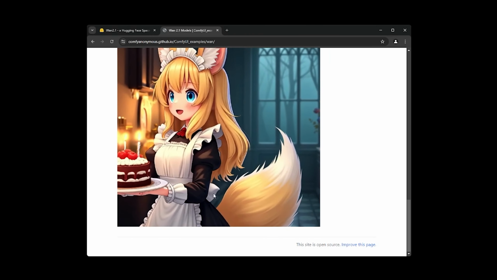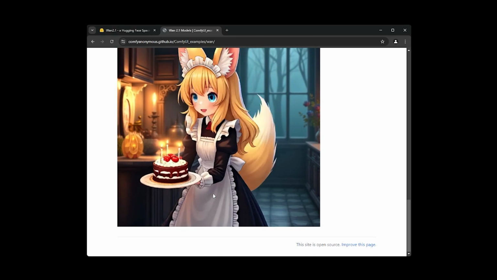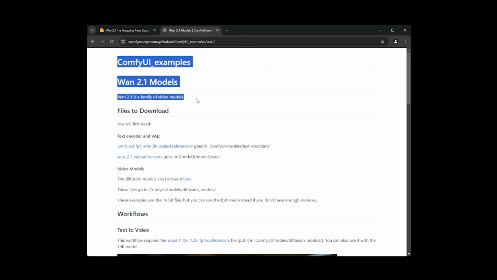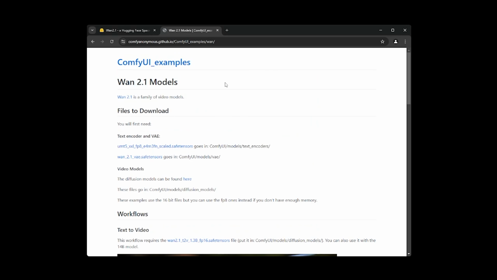So Wan2GP uses less memory, but can it still achieve the same level of detail as Wan 2.1? Well, it's all about finding the right balance. Wan2GP might not quite reach the peak performance of Wan 2.1, particularly at higher resolutions, but it makes it possible for more people to use it. It just opens the door for so many people.